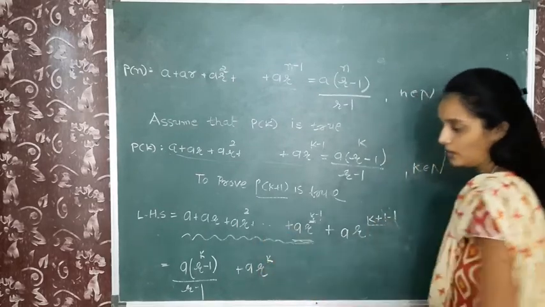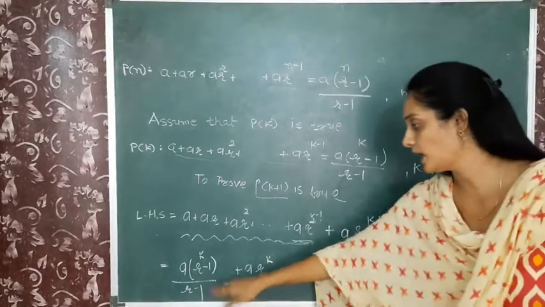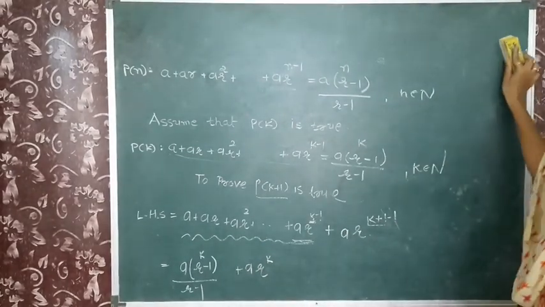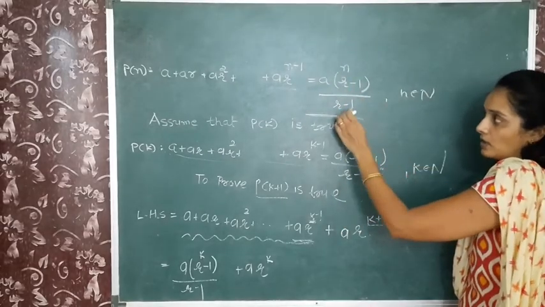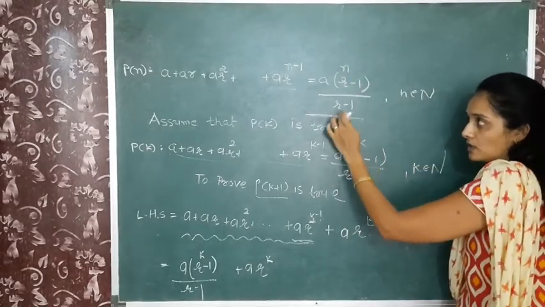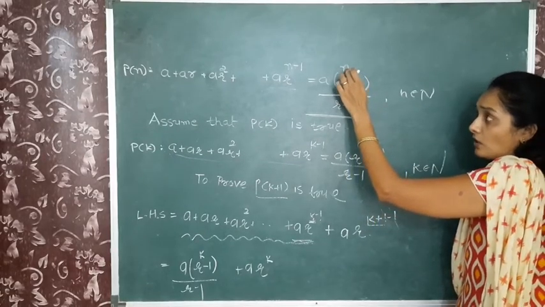Okay. Now we have to simplify this addition. And what answer do we want? In the right hand side of the given statement, we get k plus 1 instead of n.